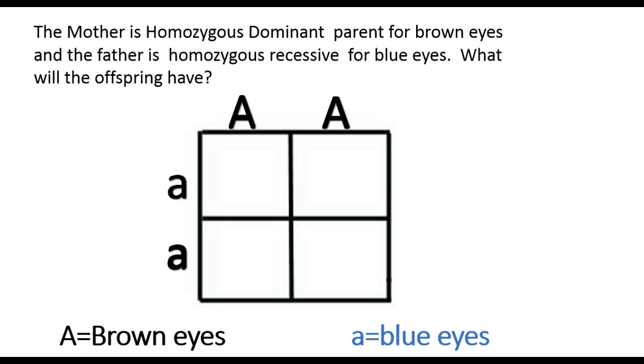Well, for the homozygous dominant, capital A, that represents the mother's genes, lowercase a, and lowercase a because that's homozygous recessive. Then we will place it on top of our Punnett square as such.